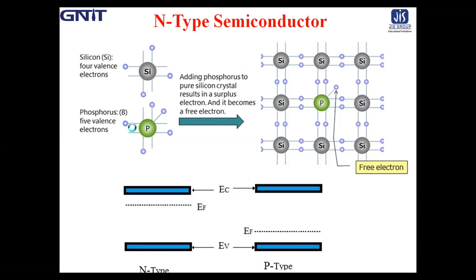Now, out of 5 valence electrons for phosphorus or a group 5 element, 4 are used to form covalent pair bonding with neighboring silicon atoms, as shown in the figure.